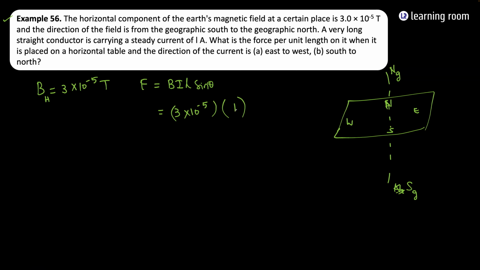So 1 ampere. And what is going to be the value of length? What is the force acting per unit length? I don't know the value of length, so I'll take it as L itself. But what is the angle between the magnetic field and the direction of current, when the current is flowing from east to west?